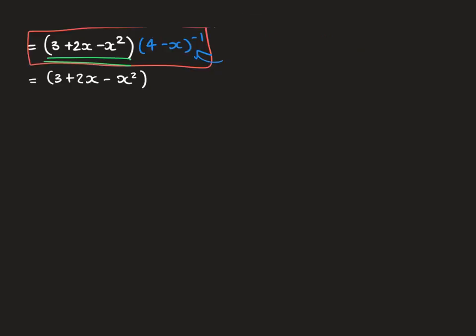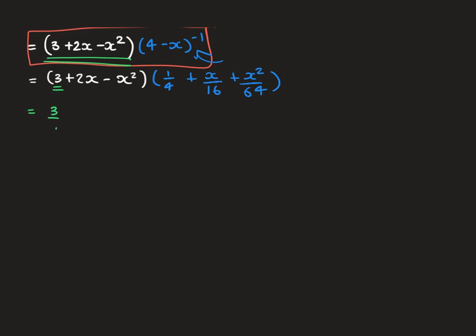So we know that 4 minus x to the power of negative 1, the blue part, can be written as 1 quarter plus x over 16 plus x squared over 64 for those first 3 terms, and we only need a quadratic approximation, so we're only going to go up to terms up to and including x squared and not beyond. So I'm going to take every term in the blue bracket and multiply it by the 3 at the start of the first bracket.